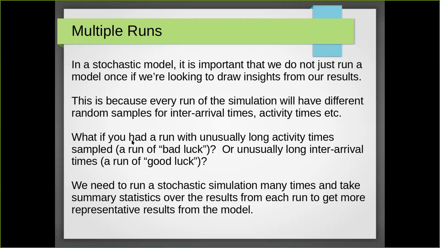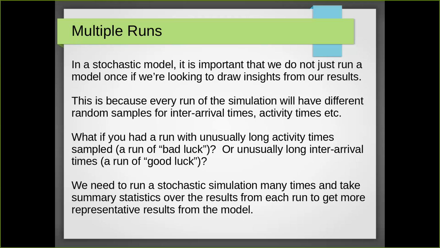So one thing you'll have noticed in doing the model this morning is that every time you run the model, you get quite significantly different results. And that's common in a lot of stochastic models, where, remember, this is a stochastic model because it's got randomness in it.